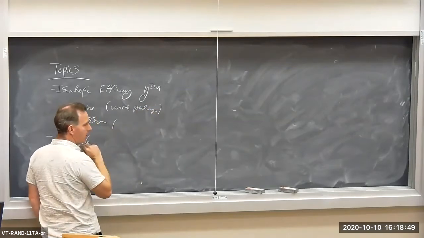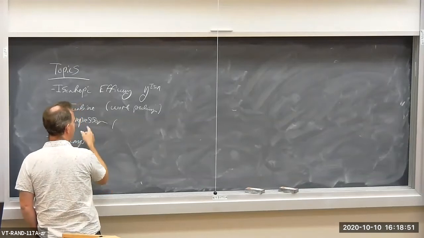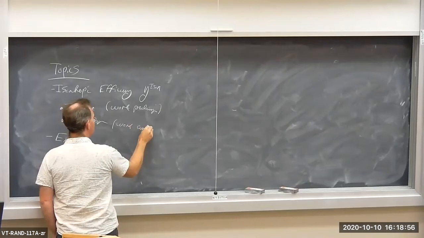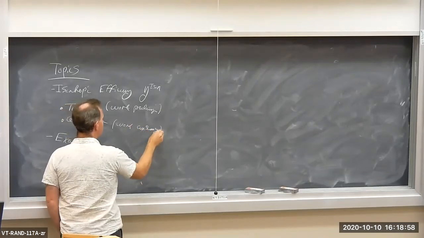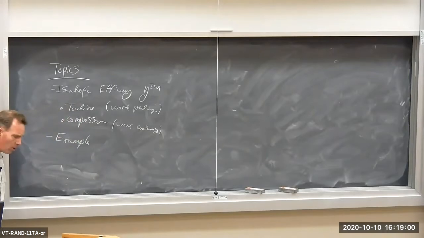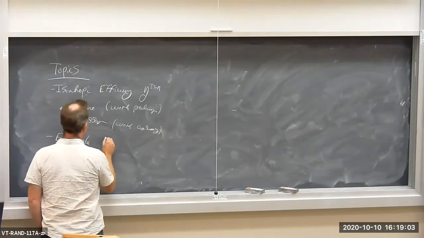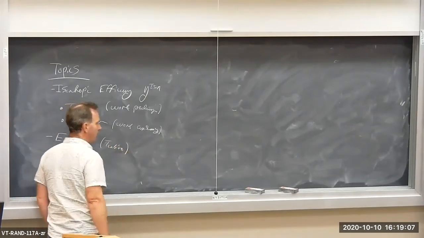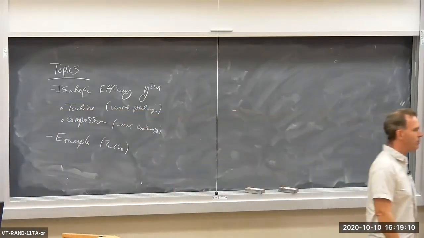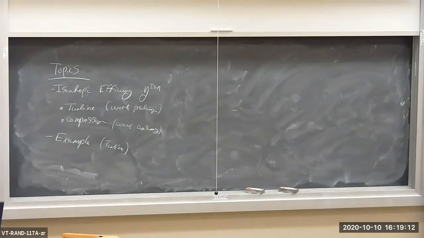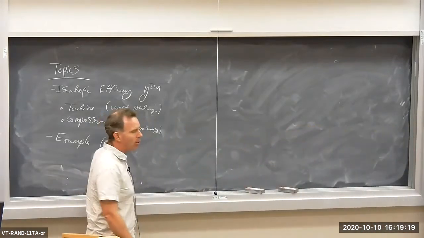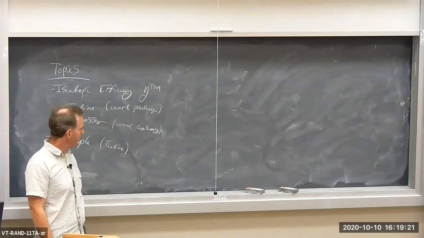We'll also derive an expression for isentropic efficiency for a compressor, which is a work-consuming device. And then we'll do an example involving isentropic efficiency for a turbine. We'll do an example today showing you how to use isentropic efficiency to calculate the actual work or power produced by a real turbine, one that contains all sorts of irreversibilities, okay?